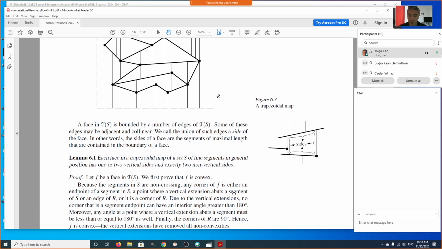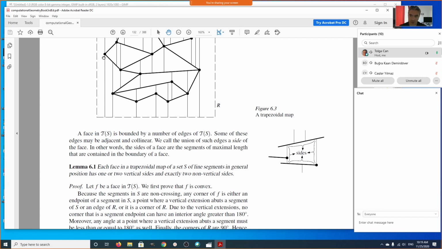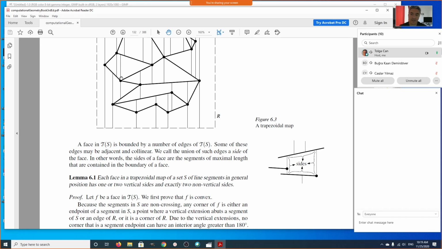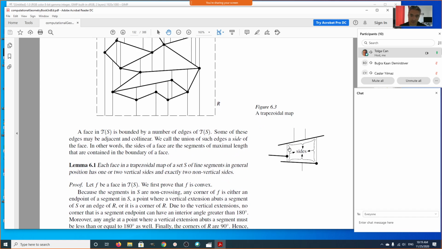So the first lemma is about its name. It's called a trapezoidal map because each face here, in general position, meaning that no two vertices have the same x coordinate, will be described by only these 4 bits of information.